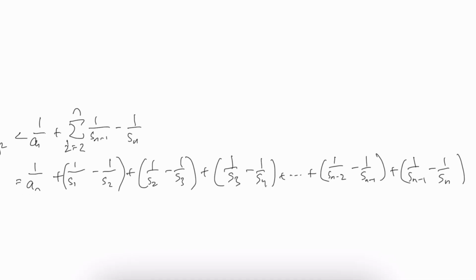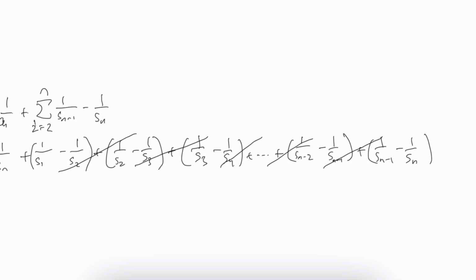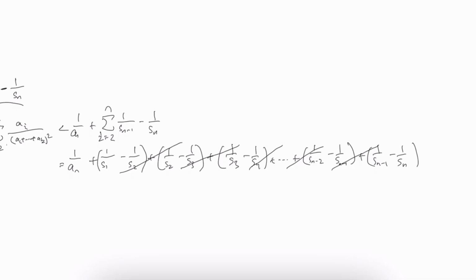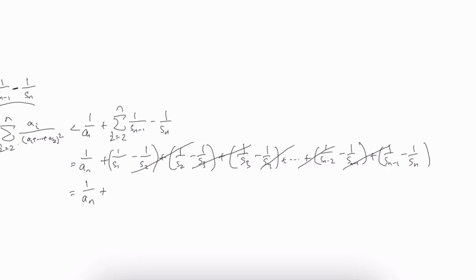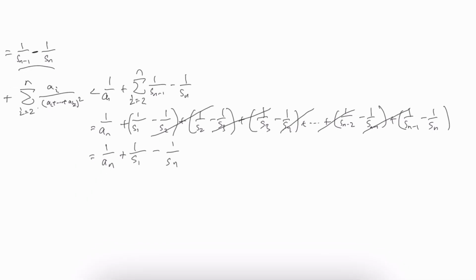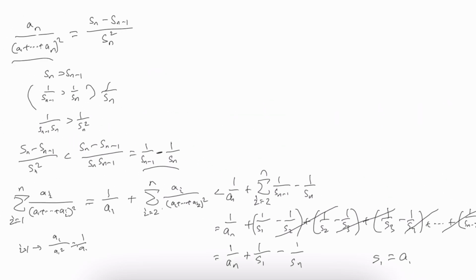So you see our terms cancel out now, and we're left with 1 over a sub 1 plus 1 over s sub 1 minus 1 over s sub n, and s sub 1 is just a sub 1 by our definition here.